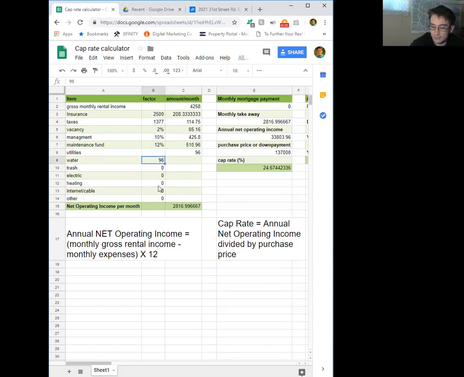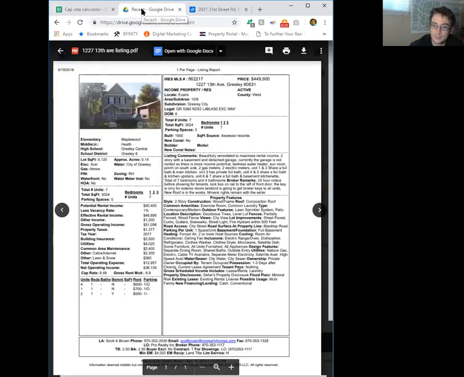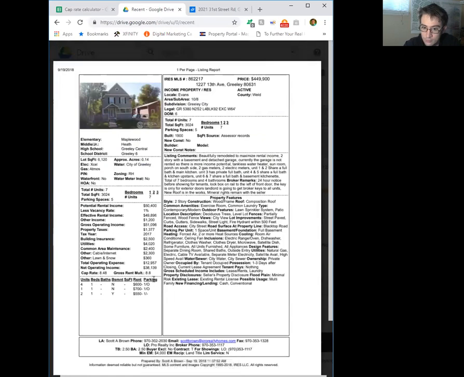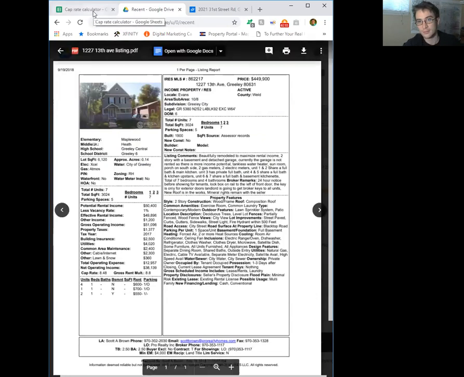Oh, I think that's the yearly. So these are the yearly expenses on all those. So we'll do all these divided by 12. 4,020 divided by 12.